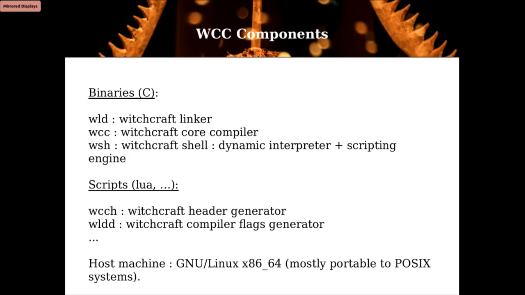The tool set is comprised of mostly 3 binaries. There's a linker, there's a core compiler, and there's a dynamic interpreter. I call them compilers, but they really take binaries as an input and not source code. Based on those binaries, I've built a number of utilities on top of them, which are mere Lua scripts.